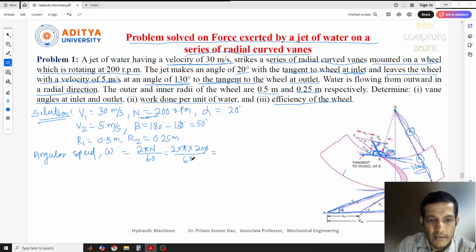So if you cancel this one, this will be 3. This is 3.14. So this will be cancelled, like point something will be there. So near about it will become 20 point some value will come.